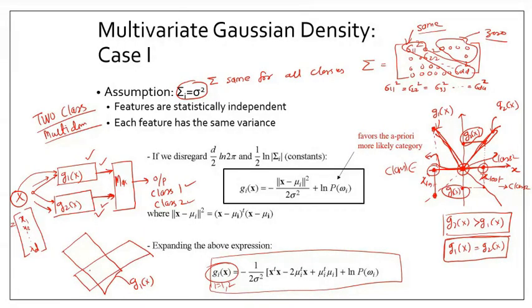You can imagine that, and maybe this is the intersection of two planes. I hope you can imagine. So this will be the line, and this will be G1(X), and this will be G2(X), and this line, which is the intersection of two planes, is the decision boundary.